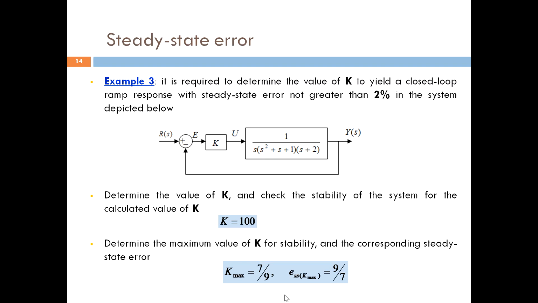This is far lower compared to the one that we worked out, which is going to give us the specified steady state error, and the error for that is as given there.